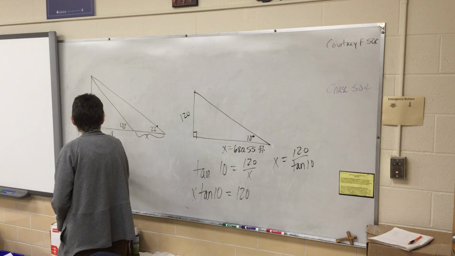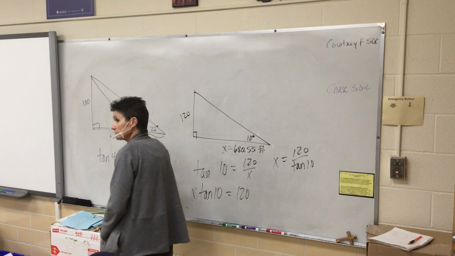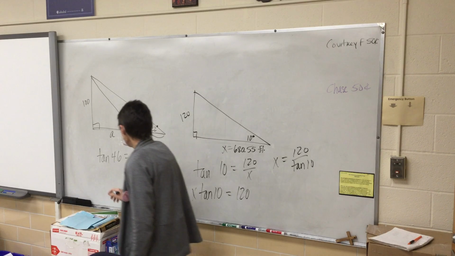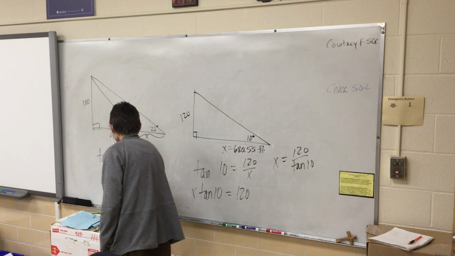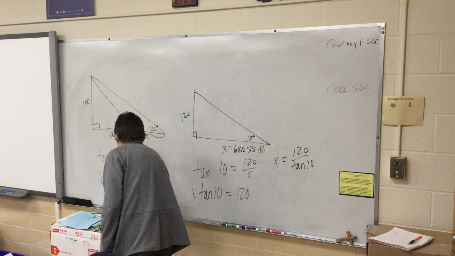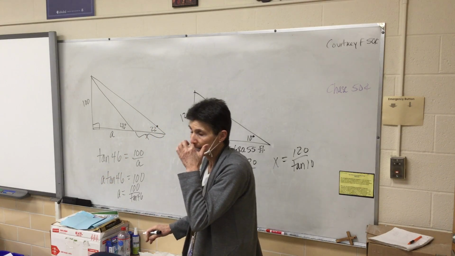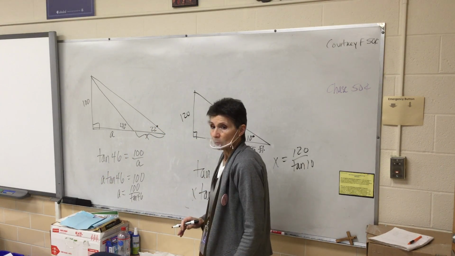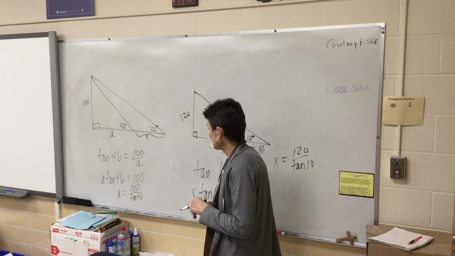So tan 46 equals 100 over A. So A tan 46 equals 100. So is A 100 over tan 46? All right, so let's just hang on to that for a second. We can type that in, no problem, we'll do that in a second.